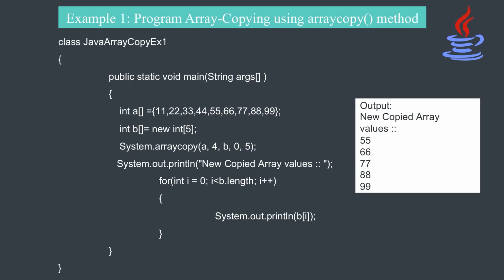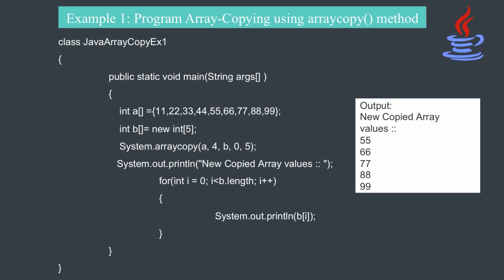The source array is array A. From array A, fourth index position, from 55, copy elements into destination array B starting from 0th index, and the total number of elements is 5. So 55, 66, 77, 88, 99 will be copied into array B from 0th index.